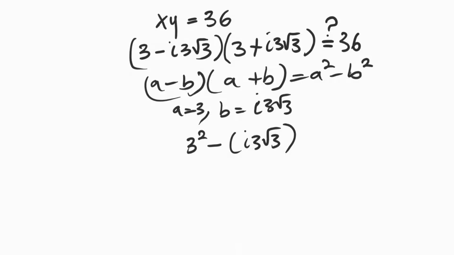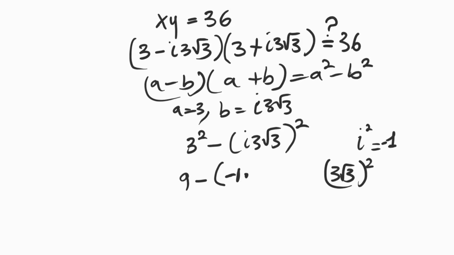Now, 3 squared is 9, minus this squared. Our i squared, as we said earlier, is equal to minus 1, times (3√3) squared. It's the same thing as 3 times 3 times √3 times √3. 3 times 3 is 9, √3 times √3 is 3, and 9 times 3 is 27.